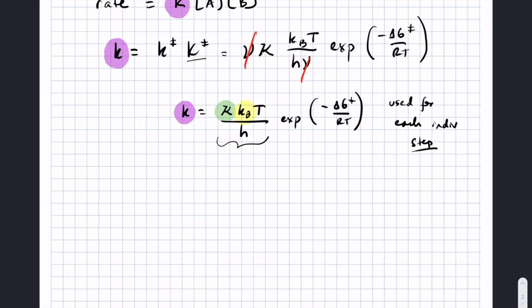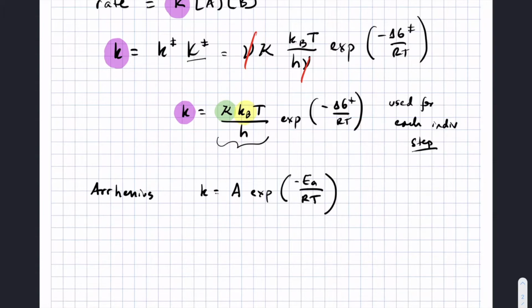All right. Now, before Eyring came up with transition state theory, there was already a theory of reaction rates from Arrhenius, which may be more familiar to you. That is rate constant equals some pre-exponential factor times e raised to the minus activation energy over RT.